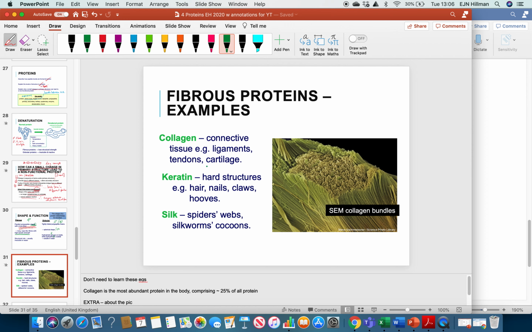Collagen is the most abundant protein in the body. It's about a quarter of all of the protein in the human body. Keratin, those harder structures such as hair, nails, claws and hooves. Silk would be another example of a fibrous protein. So spider silk or the silk produced by silkworms, etc.